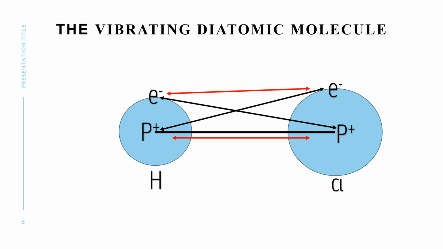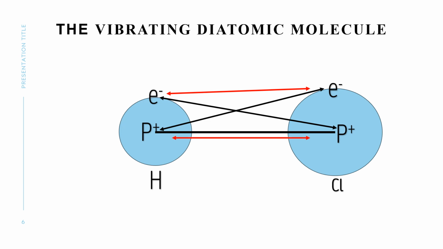And there are attractive forces between the protons of the respective atoms and the electronic cloud of the respective atoms. So the molecules tend to be at a position where the repulsive forces are balanced by the attractive forces.